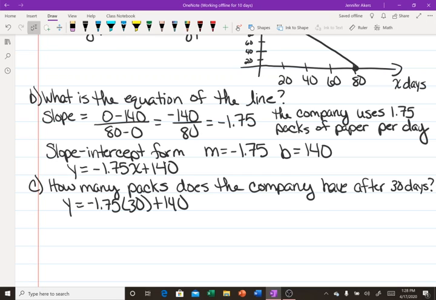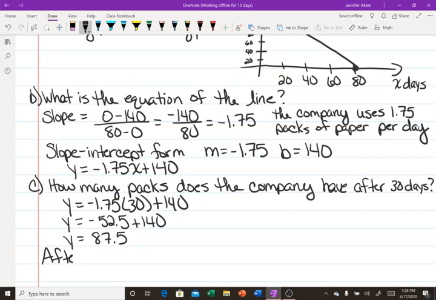We multiply negative 1.75 times 30 and we get negative 52.5. That means we have used 52.5 packs of paper. We add that to 140 and we get 87.5.